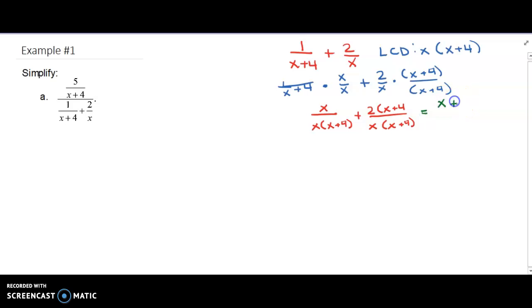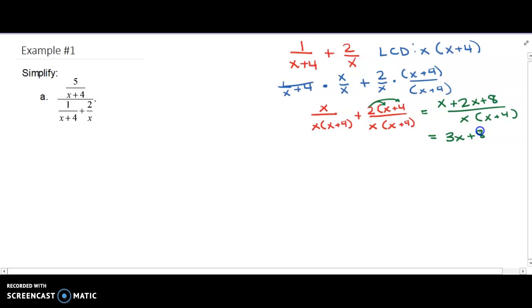So x plus, and I'm going to go ahead and distribute this through, 2x plus 8 over x times x plus 4. Okay, and then if I clean this up a little bit, I have 3x plus 8 over, I want to keep this factored, x times x plus 4. Okay, so that's my denominator here.